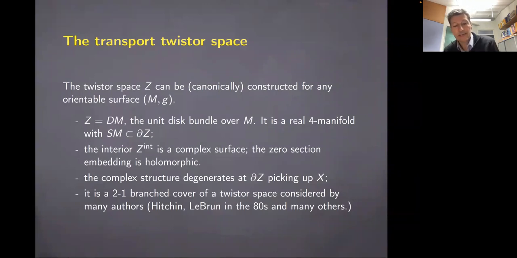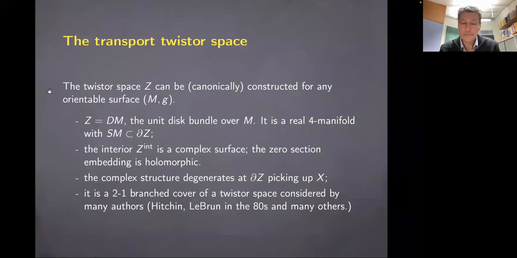This 2-to-1 branched cover is pretty crucial for us, because if we were to work with the classical one, we would essentially be missing out on half of the invariant objects, to describe this briefly. You don't want to do that for these geometric inverse problems; you wouldn't be able to do the things that we want to do. So it is important to work with this 2-to-1 branched cover.